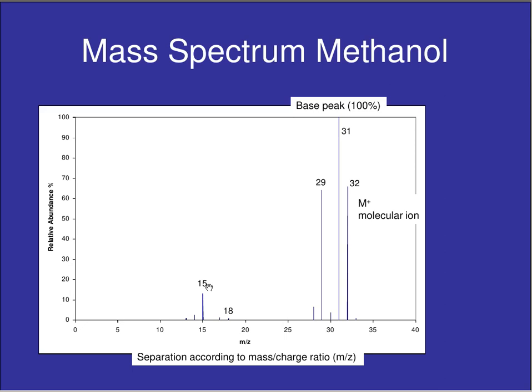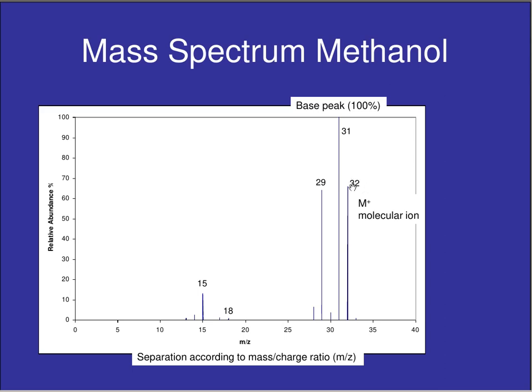So that is quite interesting. Whenever you come to a mass spectrum, I want you to look for two things. I want you to look for the molecular ion, and the molecular ion is quite easy to find because we know that methanol is CH3OH, which means it's got 4 hydrogens, 1 carbon, 1 oxygen.